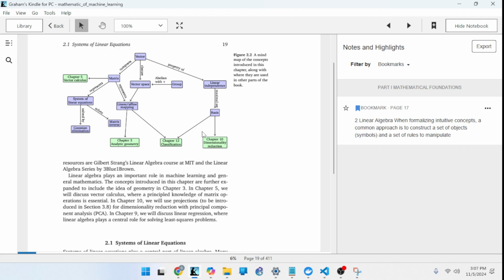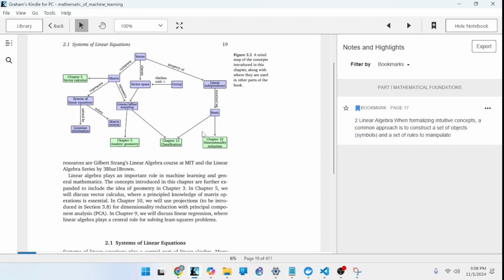Okay, so we've got vectors. So composes, closure, property of. A vector composes a matrix, which will be explored in chapter 5. A matrix represents a system of linear equations that are solved by Gaussian elimination and that solve matrix inverse. A matrix represents linear affine mapping.